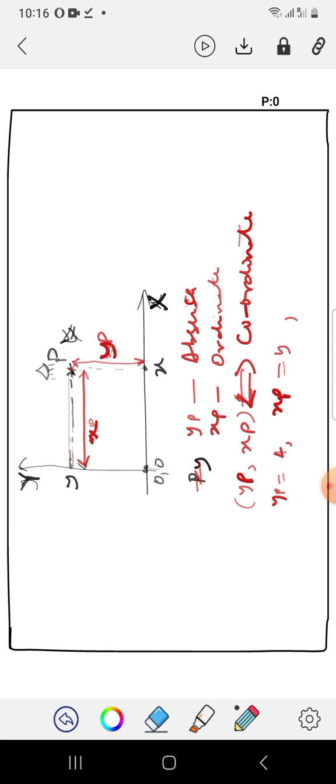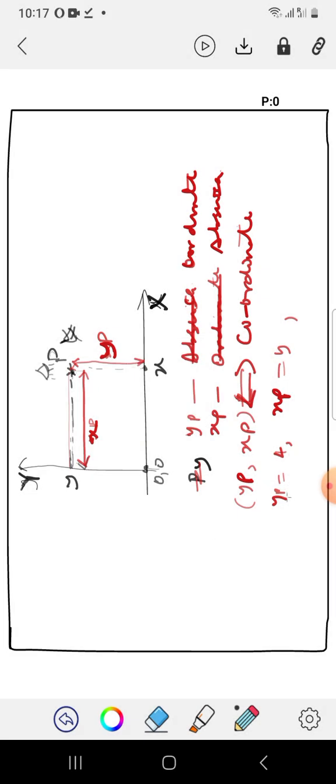I'm so sorry about that. So YP is the ordinate and the XP is the abscissa. That's the abscissa. I think this thing is a little bit bold. Okay, so that's the way it is.